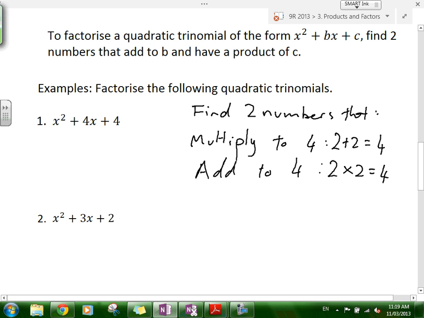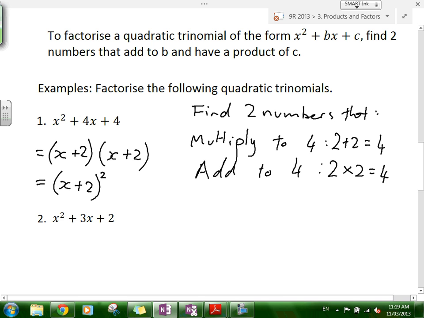So here we found our numbers. What we can do is factorize this just like that. We go x plus 2, x plus 2. So what kind of expression is this? It's called a perfect square. So you can just write it as x plus 2 whole squared.